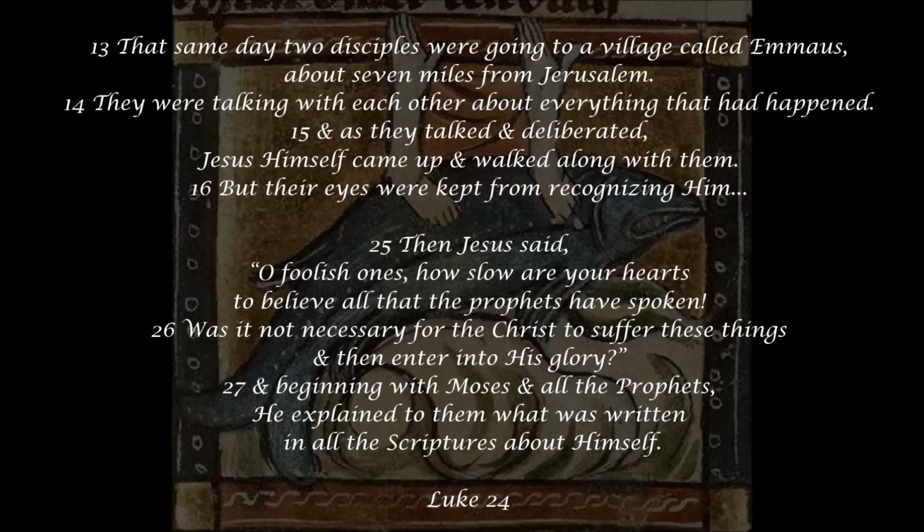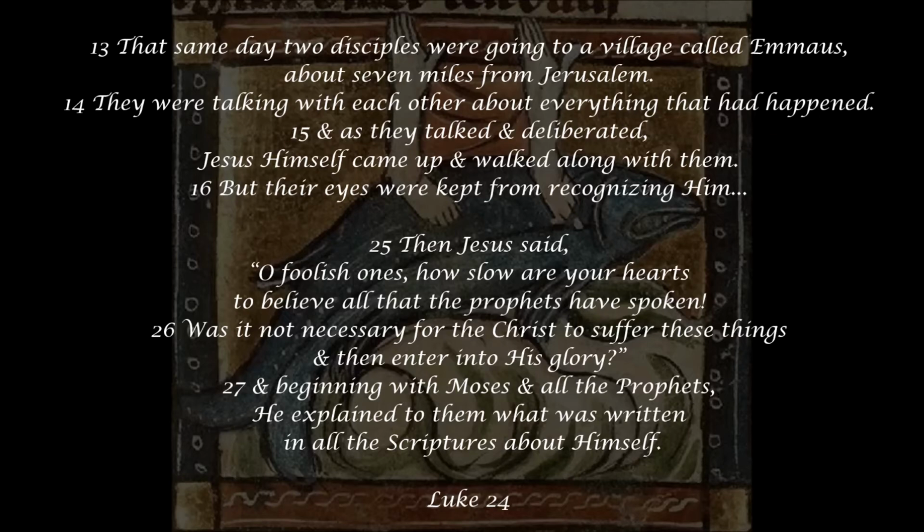They were talking with each other about everything that had happened. And as they talked and deliberated, Jesus himself came up and walked along with them, but their eyes were kept from recognizing him."